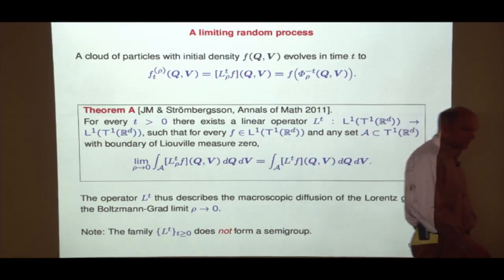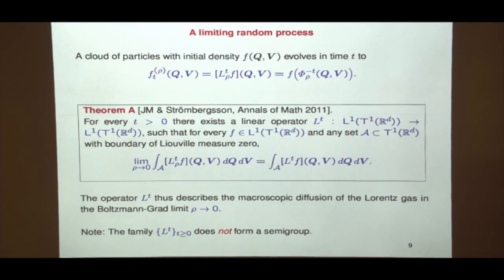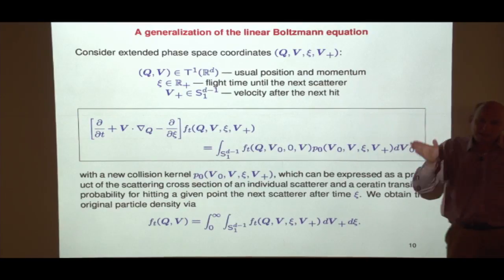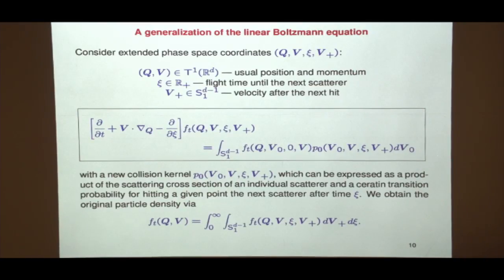And the resolution of this seemingly paradoxical phenomenon is that to recover a semigroup, you need to keep track of more data as you go into the limit. And this data is the time until the next hit and the velocity after your collision. Now these, of course, microscopically are functions of Q and V, right? In Hamiltonian dynamics, everything is determined by your position and your velocity.